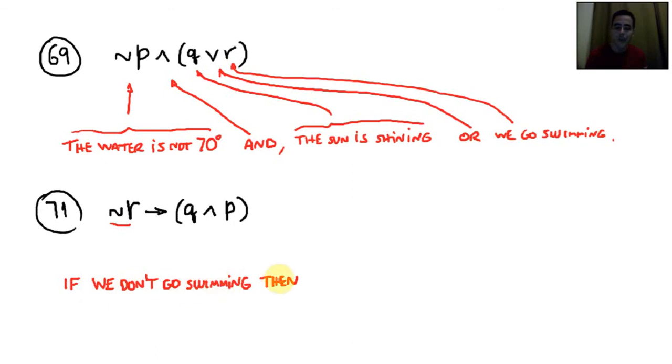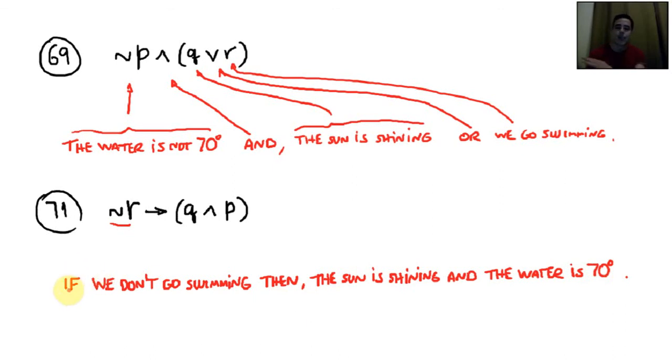If we don't go swimming, then, and here's a group, so let's put a comma here because the parentheses mean a group of statements. Q, the sun is shining, and then the caret, and P is the water is 70 degrees. So the whole statement becomes: if we don't go swimming, then the sun is shining and the water is 70 degrees. That's what this expression means.